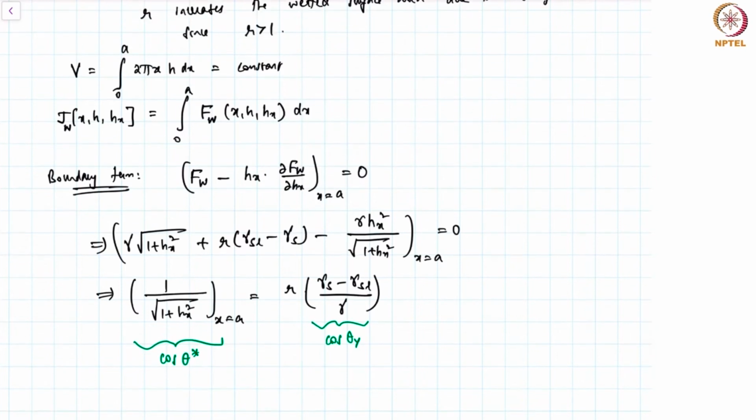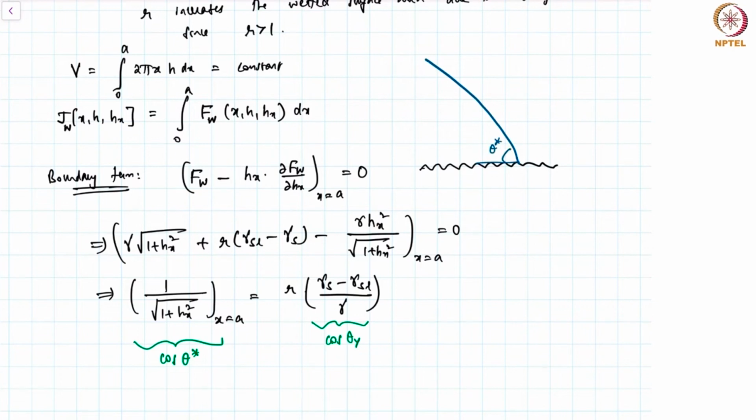Because if you locally look at the angle, you have this rough surface here, and you have a droplet that is making an angle of theta star.